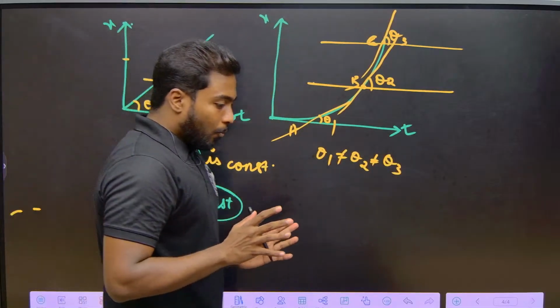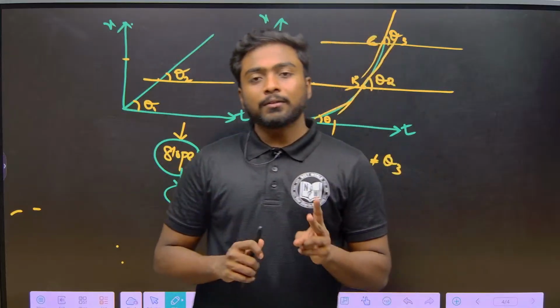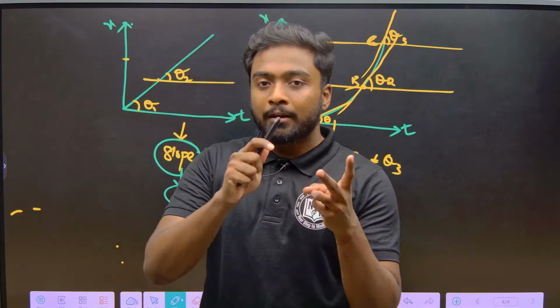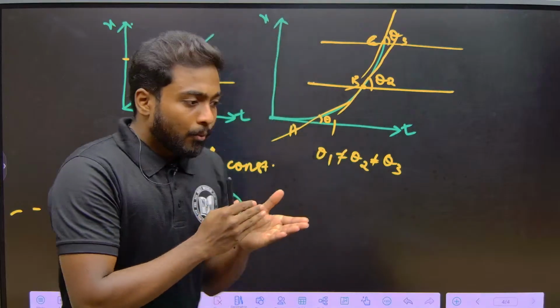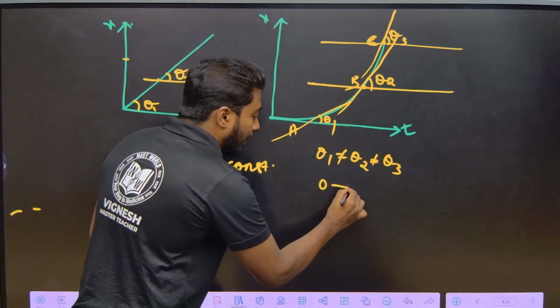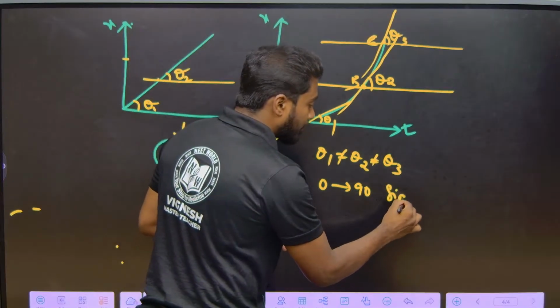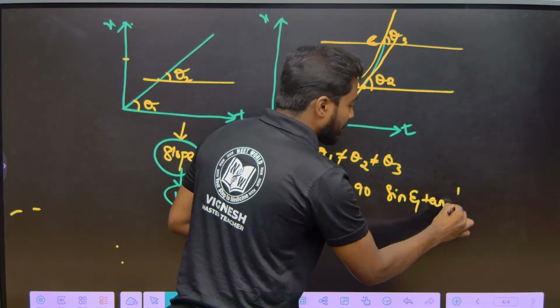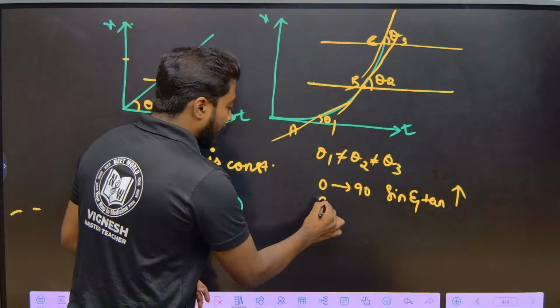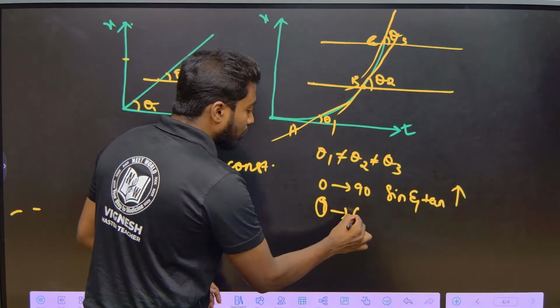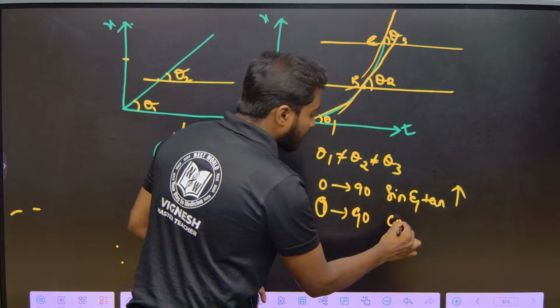One thing to understand: whenever we talk about sine and tan, from 0 to 90, sine and tan increase. From 0 to 90, cos decreases.